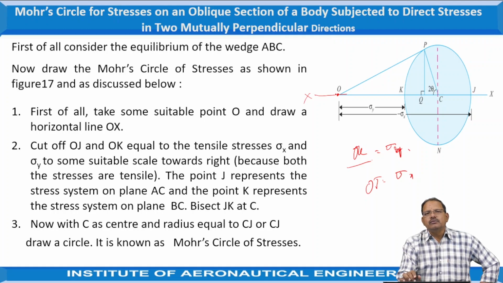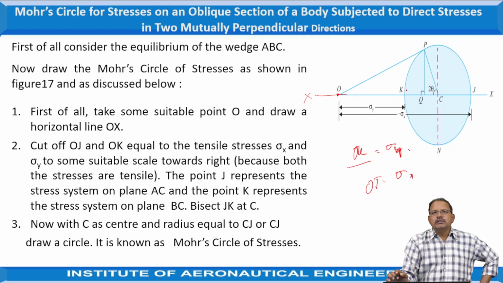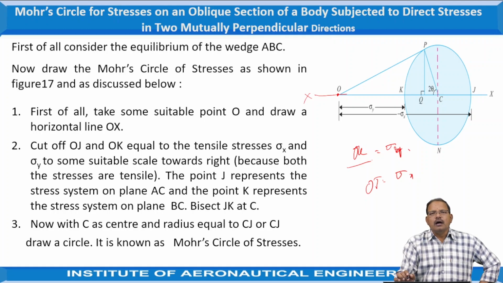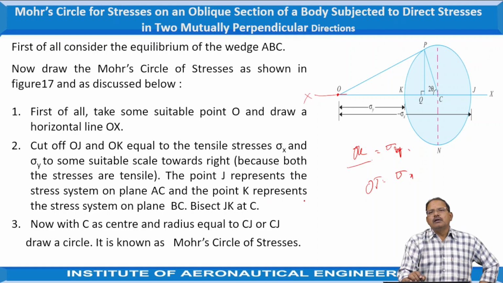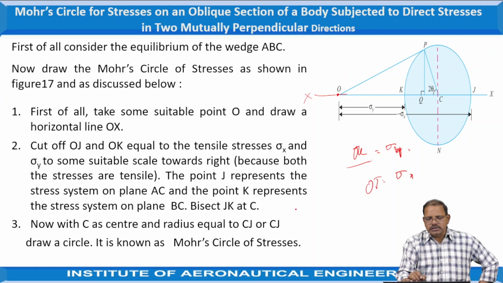Starting from O and moving toward the right-hand side, OJ and OK represent sigma x and sigma y according to some suitable scale. The point J represents the stresses on the plane AC, and the point K represents the stresses on BC according to the wedge section we consider.